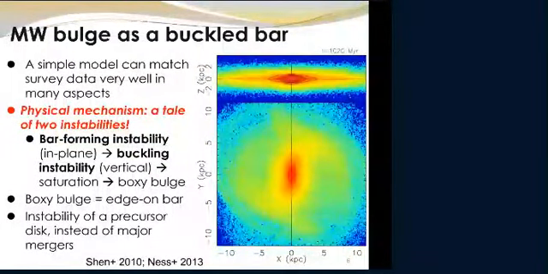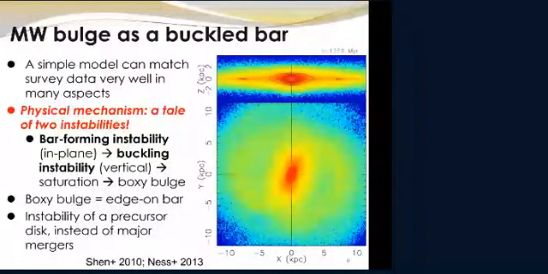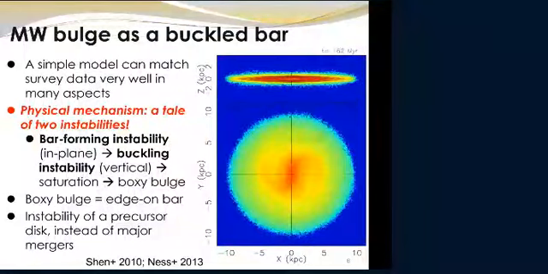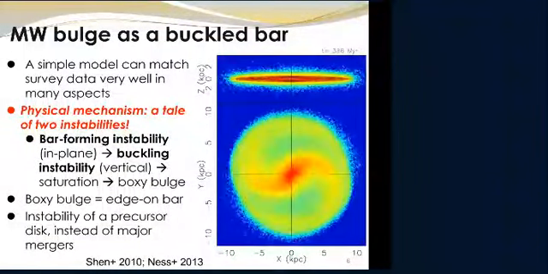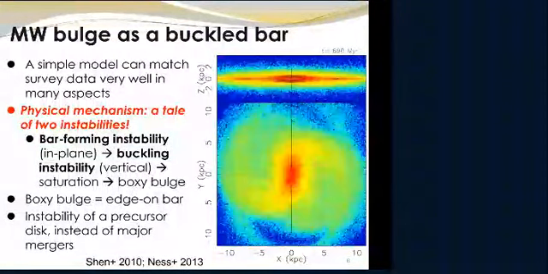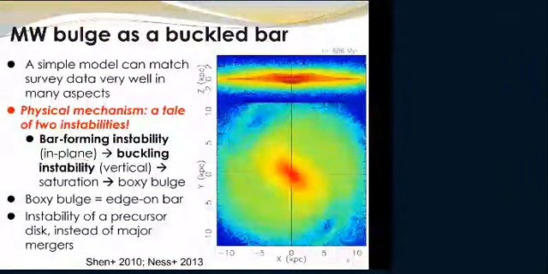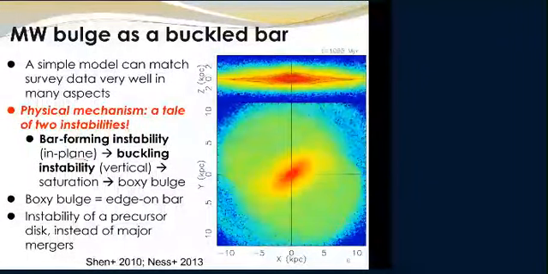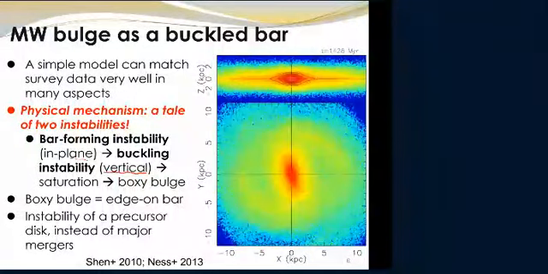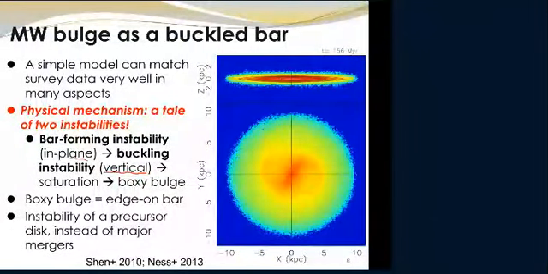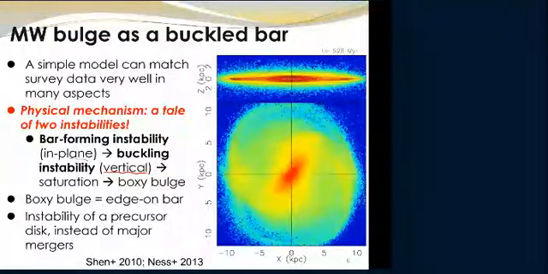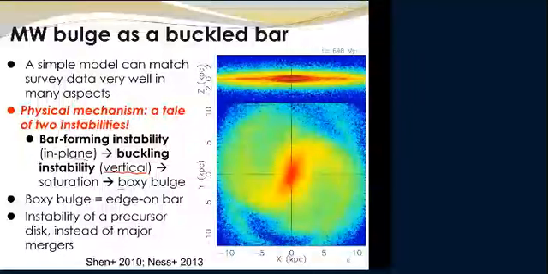we also understand the physical mechanism behind this evolution, and it's basically a result of two instabilities happening back to back. The first instability is the bar-forming instability in the plane, and after the bar forms, you have a second instability in the vertical direction. I'll talk about the buckling instability in the next slide. After the vertical instability saturates, you're left with a thickened boxy bulge.